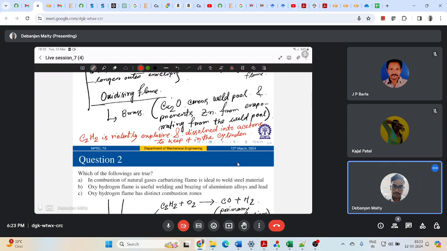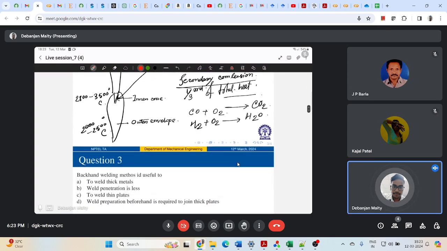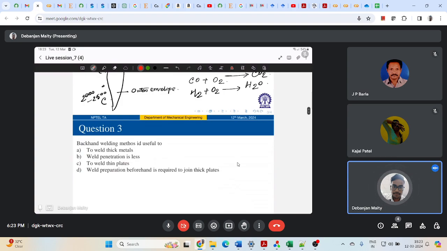Then there is something called oxyhydrogen combustion also. So in place of acetylene, you are using hydrogen. You are choosing hydrogen for your reaction to take place with oxygen, right? Now, complete combustion of hydrogen requires an oxygen to hydrogen ratio of 1 is to 2.